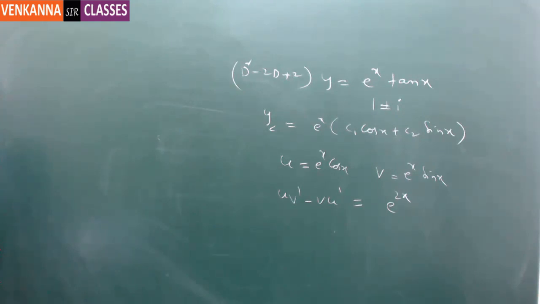Otherwise, you do it on your own. So in uv dash minus vu dash, we are applying product rule in finding the derivative of the function. Accepted?